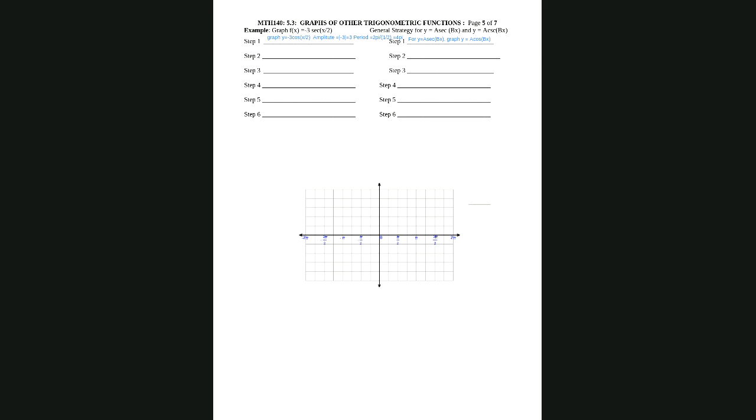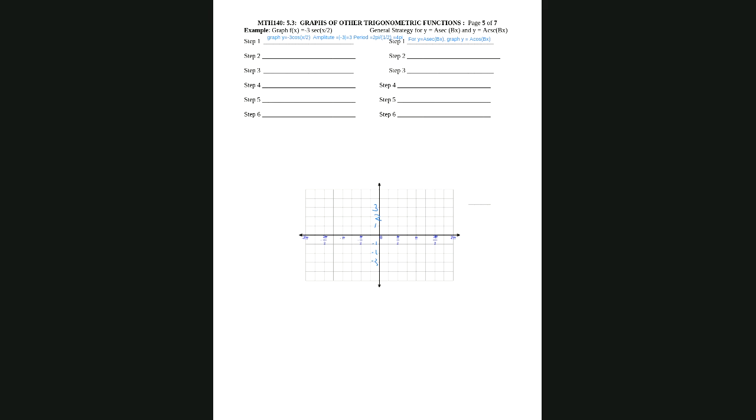So down here, I'm going to try to graph y equals -3 times the cosine of x over 2. First, I'm going to label my vertical axis, -1, -2, -3. And here's 1, 2, and 3.